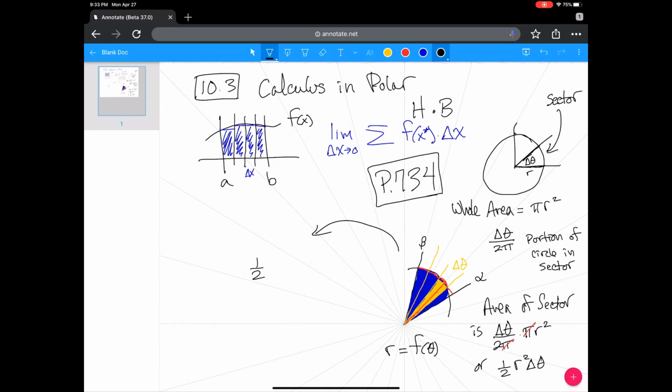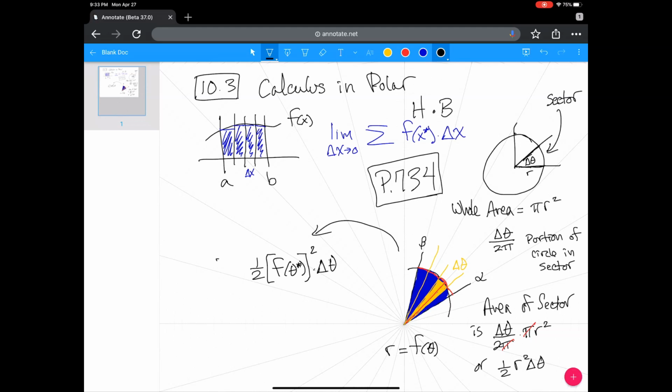And so we would plug a particular theta star into that function, so I'm going to put f of theta star. And that's squared, because it's 1/2 r squared times delta theta. So this would be the area in one of the subdivisions where you took a theta star from that subdivision angle.